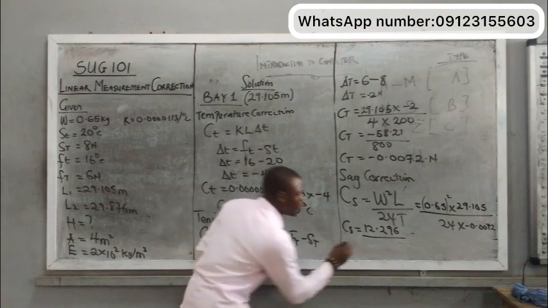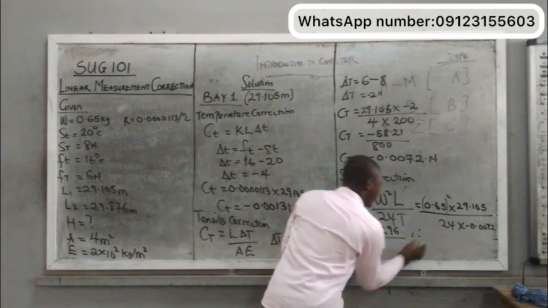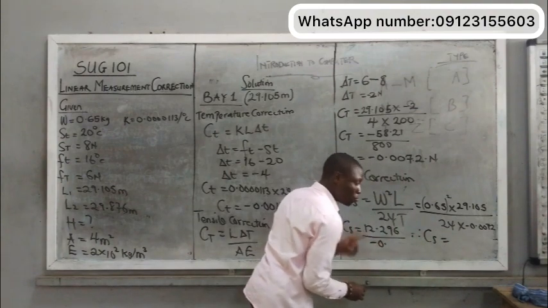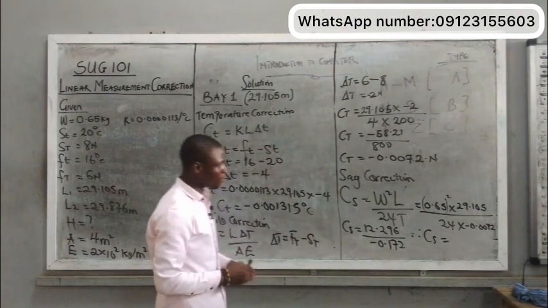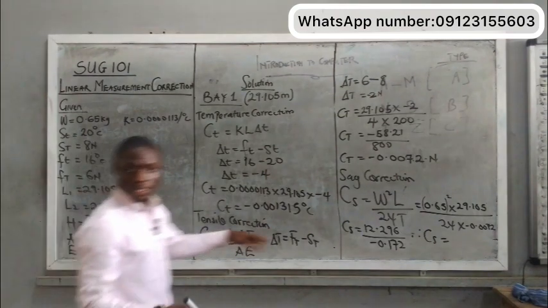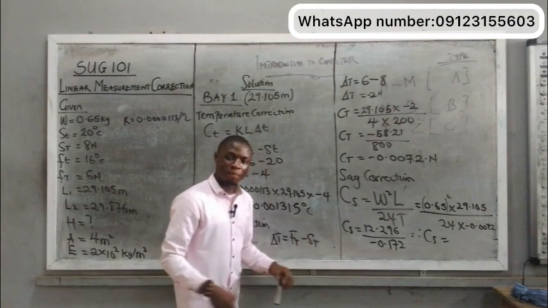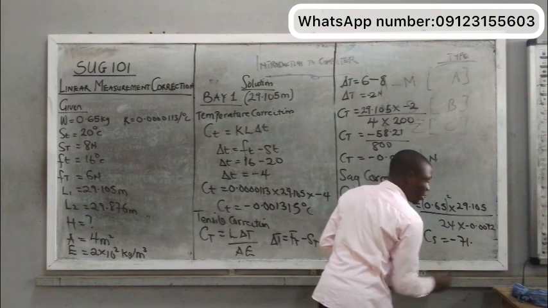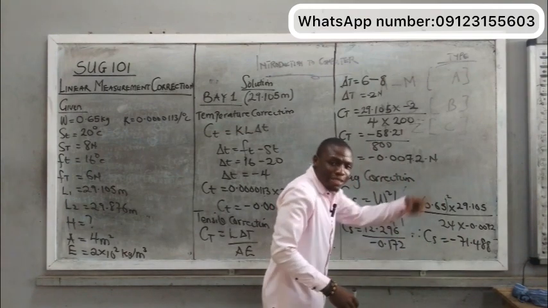Now minus 0.172. Divide this, please. Minus 71.488 as what? Slope, meter, right?